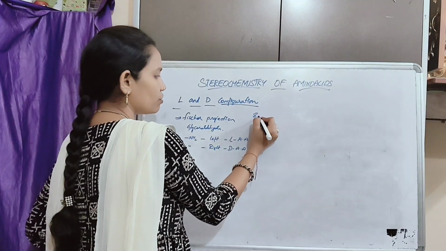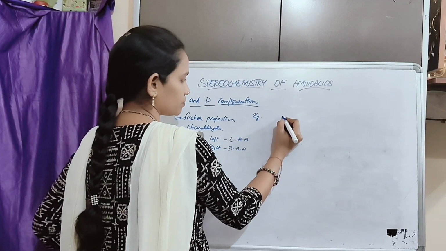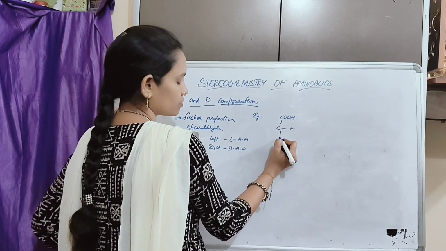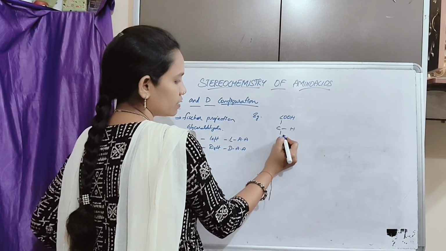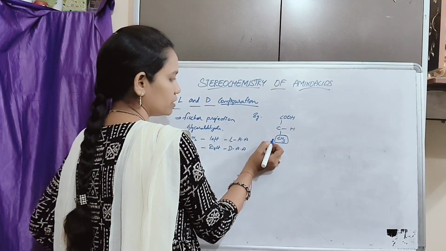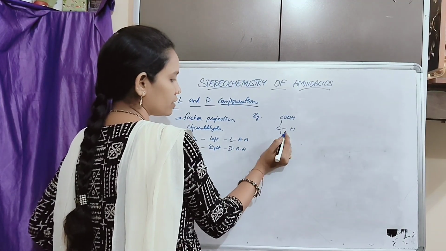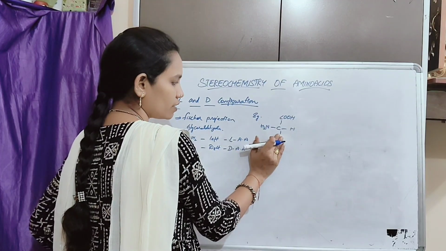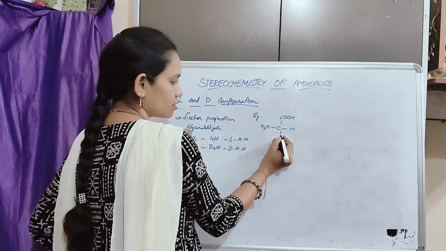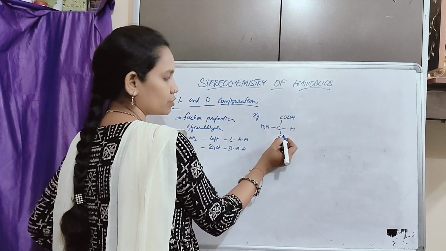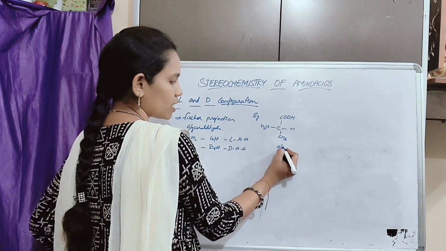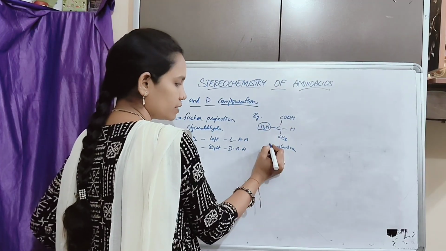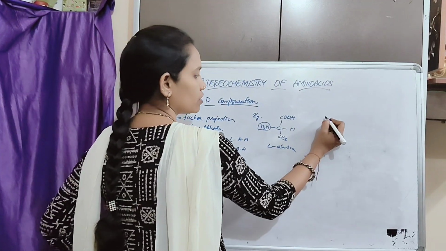Let's take an example of alanine. So for alanine, R group is methyl group, right? So actually this is a general formula. So for R, it is methyl group. Now this is the structure of alanine. If the amino group is on the left side, then it is L-alanine.